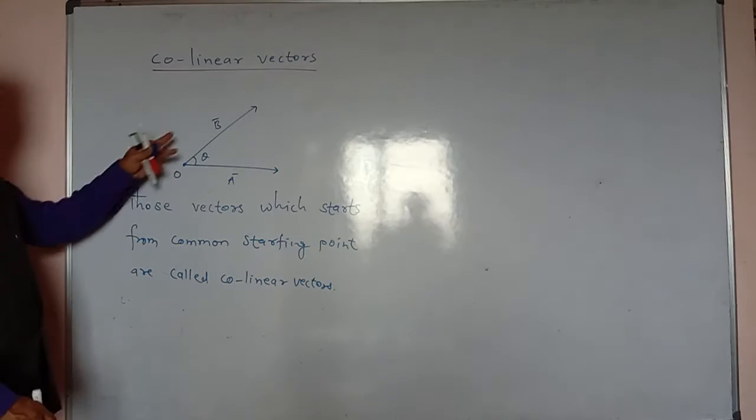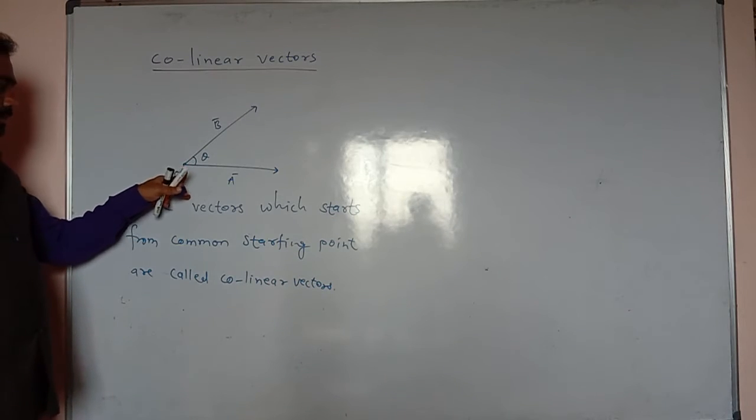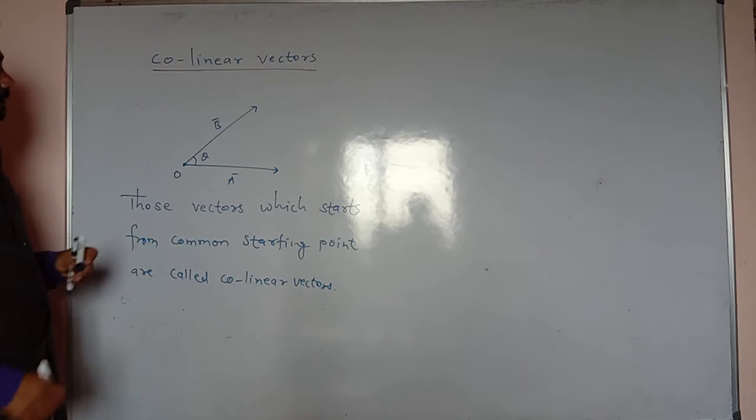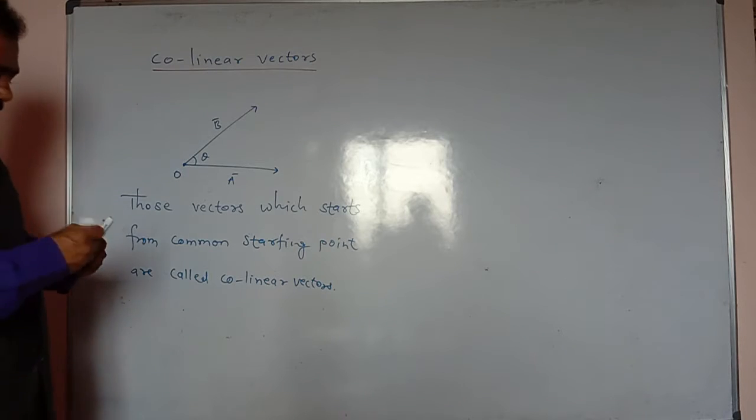Means here two vectors start from the same point or equal point. So such type of vectors are called collinear vectors.